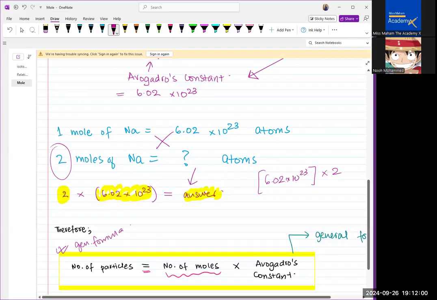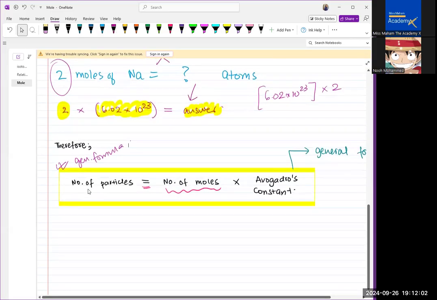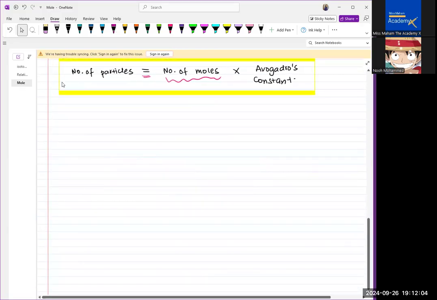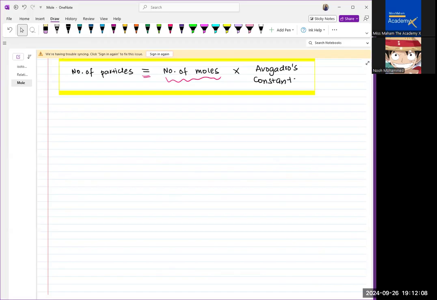Okay, now moving forward, we have done relative atomic mass and formula mass.